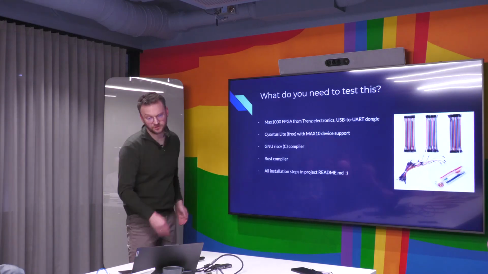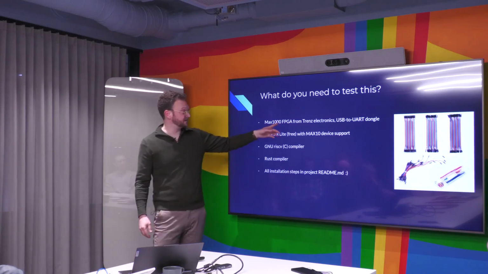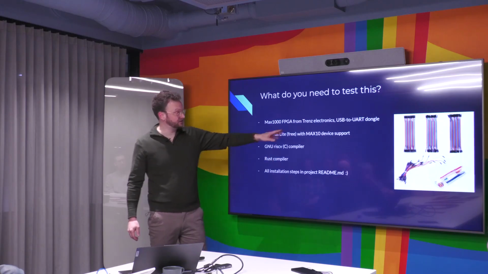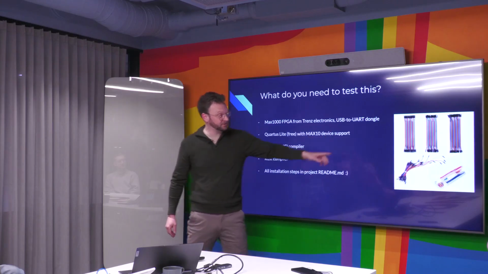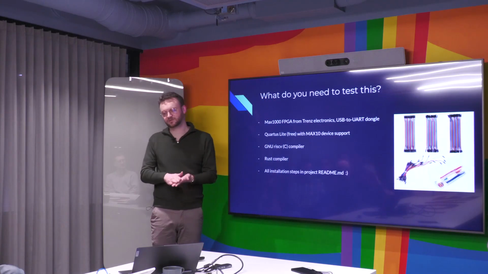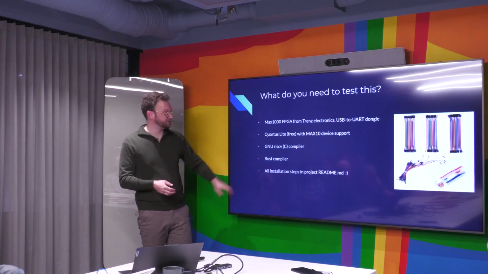So I guess what you need to test this, you need some gear. You need this Max 10,000 board from Trends, and you need this USB to UART dongle, and you probably need some prototyping cables. I would say around 800 to 1,000 NOK to build this board. But the rest of it is free, right?